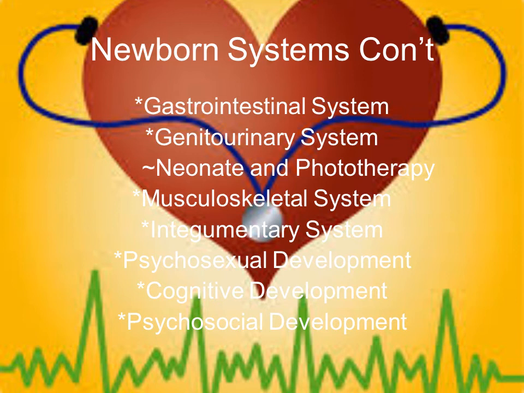You also want to note that withdrawal of maternal hormones at the time of delivery may result in blood being observed in the diaper. This is called pseudomenstruation. This is also normal and will go away. So you want to educate your parents on this, because they will usually come freaking out saying that the infant has their period if it's a girl, or the baby's bleeding urine, and that's not the case.